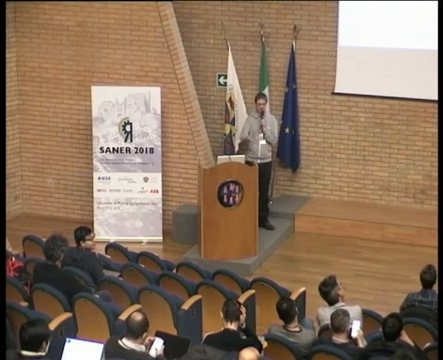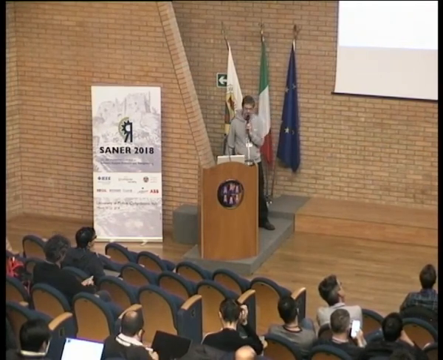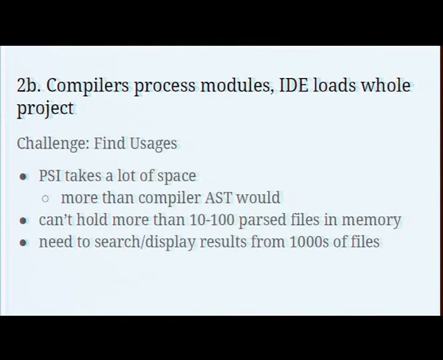So let's look at the specific challenges. For example, find usages. The problem is that PSI is quite nice, easy to work with. It contains comments, whitespace, and so on. But it also takes a lot of memory. And it actually takes more memory than a compiler syntactic tree would take, thanks to all these whitespace and comments and so on.